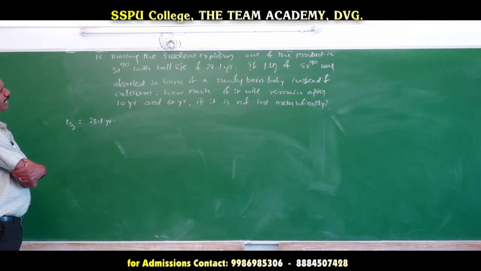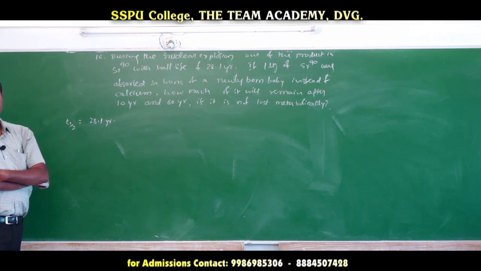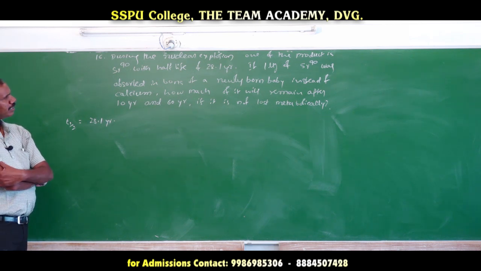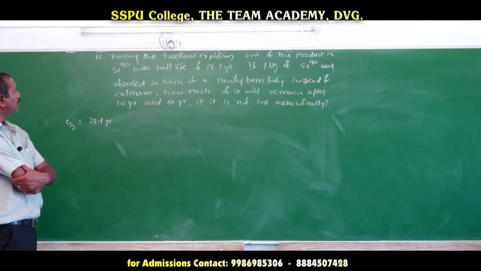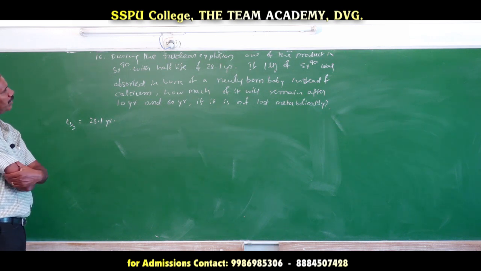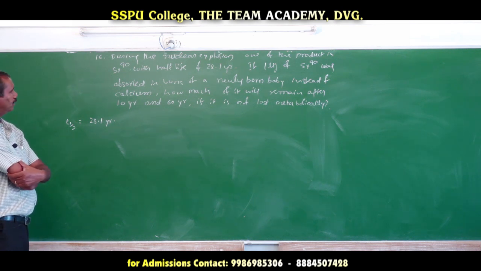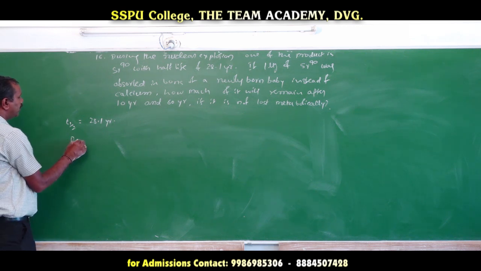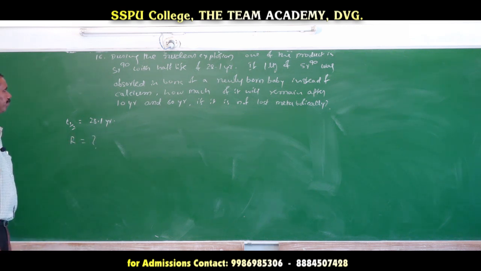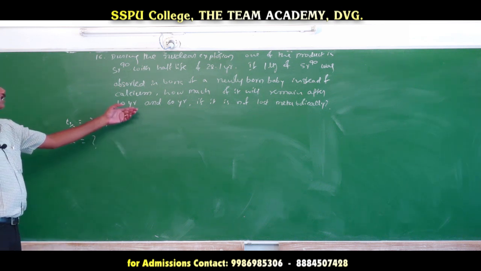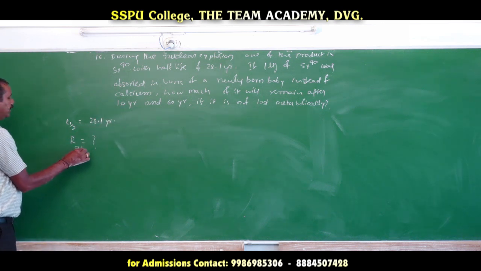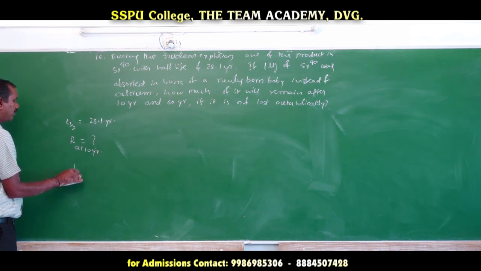If 1 microgram of Sr-90 was absorbed in the bones of a newly born baby instead of calcium, how much of it will remain after 10 years? That is, we have to find the value of R at the 10th year, and also R at the 60th year.